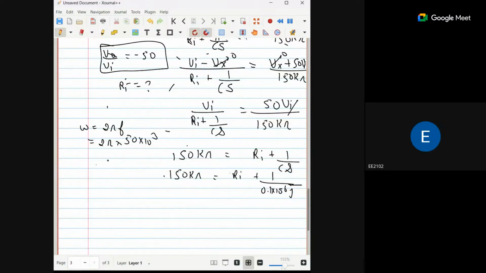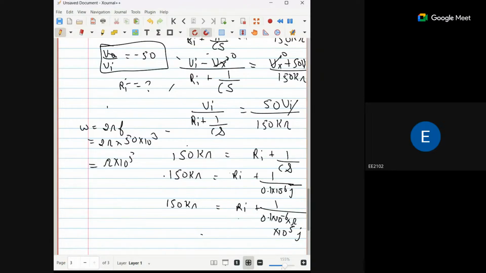So 150 kilo ohm is equal to 0.1 into 10 to the power minus 6 into pi into 10 to the power 5.